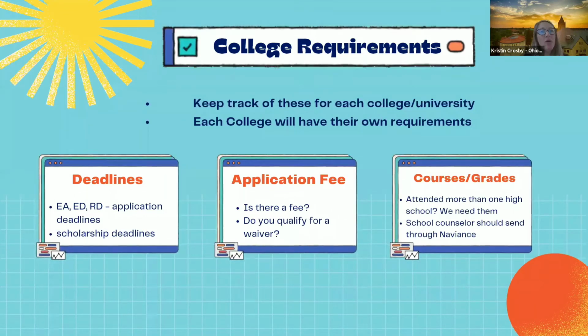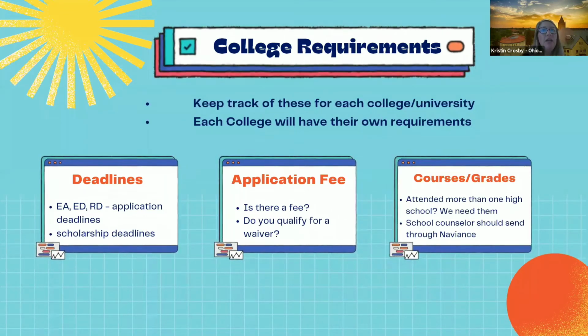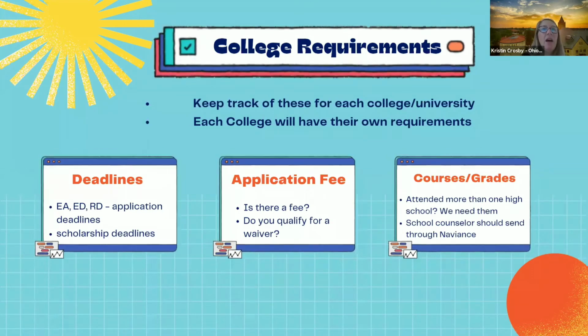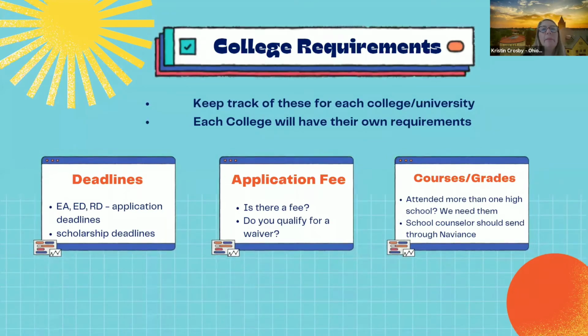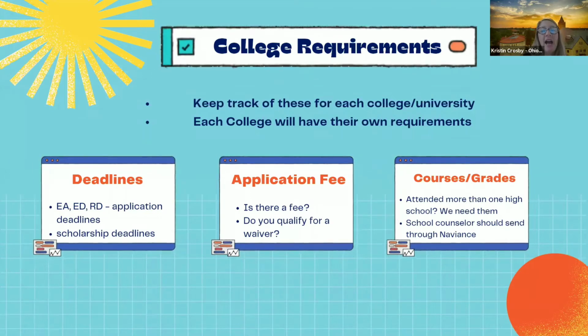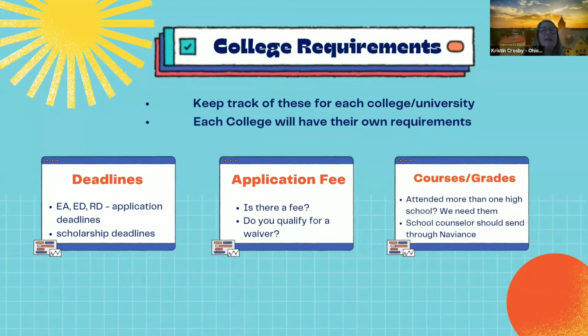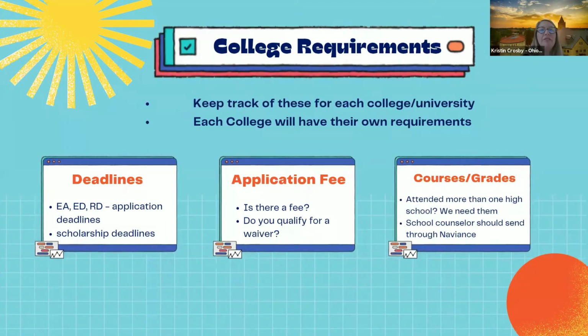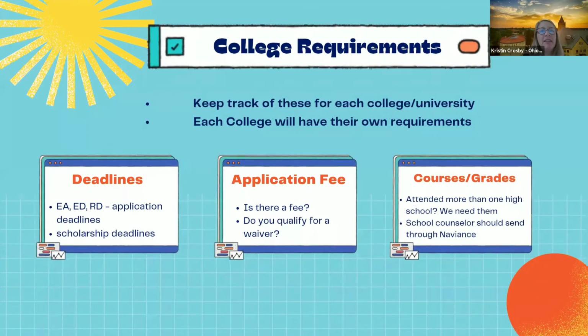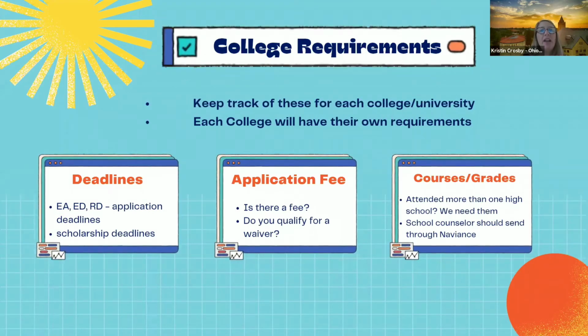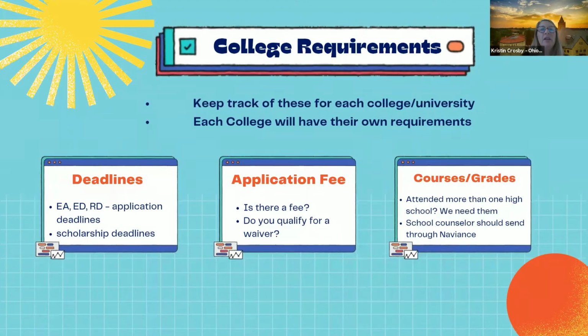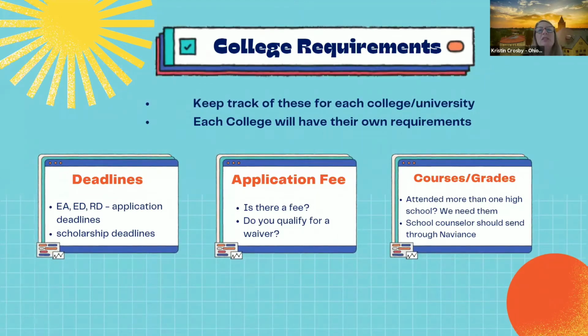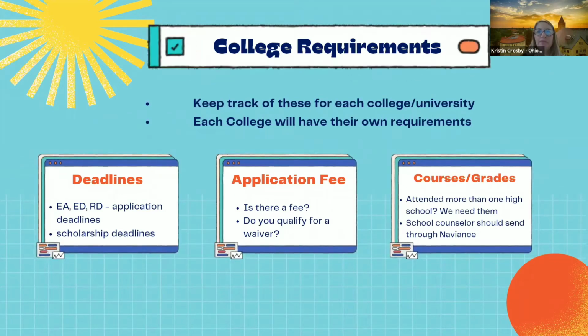Others do not. Ohio Wesleyan does not charge a fee to submit an application. If there are college fees, might you qualify for a waiver, and how would you go about asking for that waiver? The common application does allow you to keep track of deadlines and fees and scholarship deadlines. So you can always keep track of that in your common application portal, but sometimes it's good to just have that elsewhere, like a spreadsheet or in your notebook.